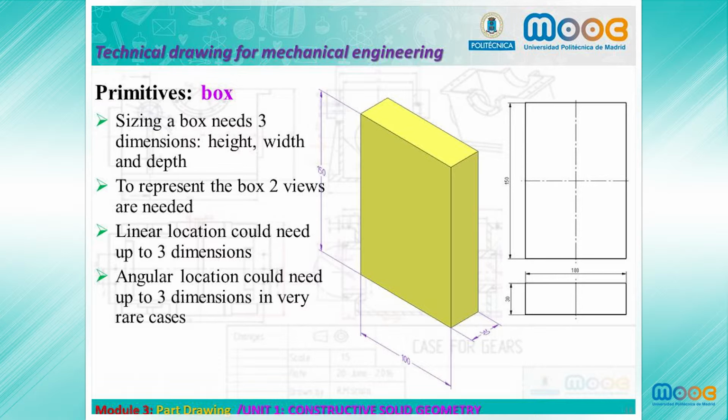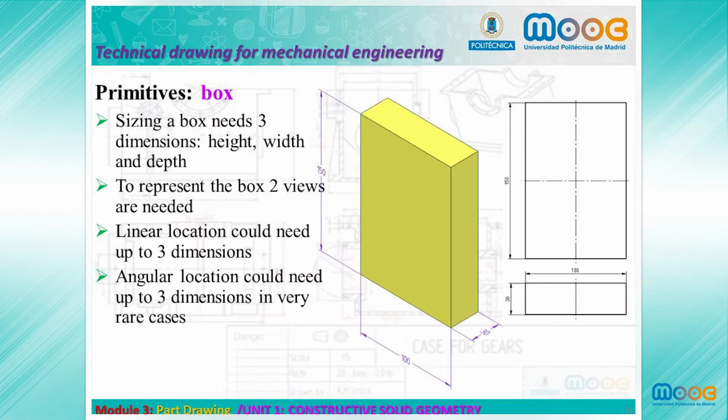Let's now begin with a description of the principal primitives. First, the box. For sizing a box, we need three dimensions: height, width, and depth. To represent the box, we need two views for placing the three dimensions.